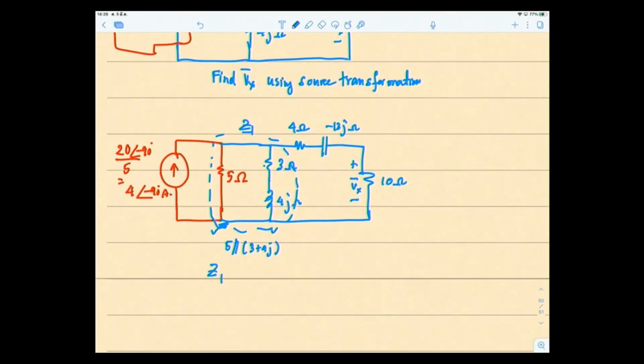So Z1 is equal to 5 times 3 plus 4j divided by 5 plus 3 plus 4j. And using the calculator, you will get 2.5 plus j1.25 ohms, or equal to 2.795 angle 26.57 ohms.